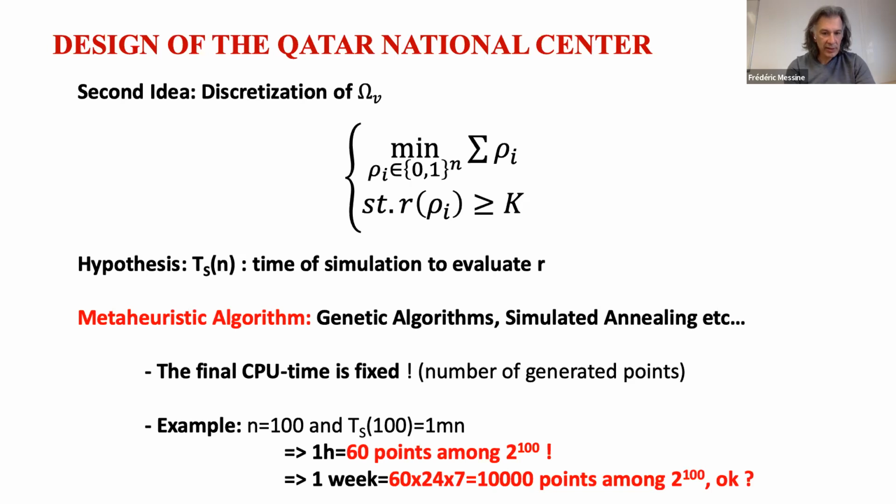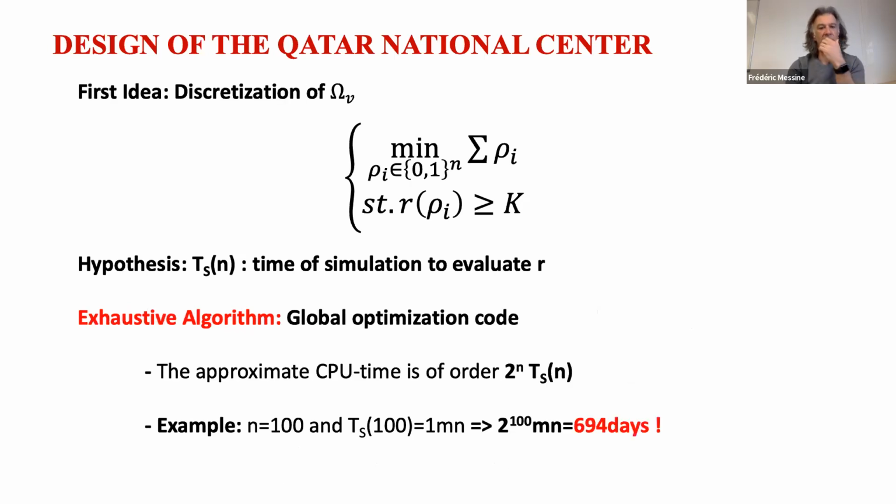But that's a bit of a limit, because if I come back to here and just add one more variable, you have to multiply the time by 2. It's 2 times 2^100, and so just by adding one variable for those kinds of algorithms, you have to multiply the number of days by 2.